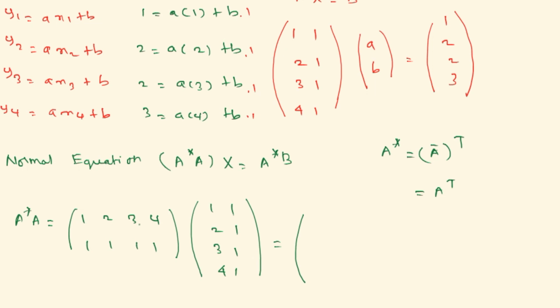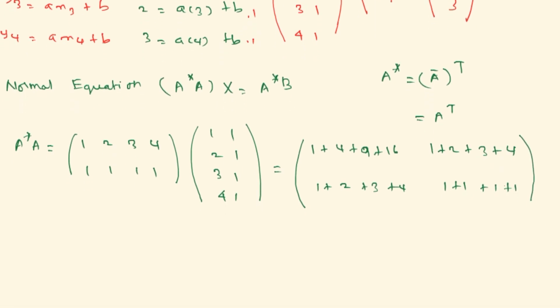Multiply this row and column: 1 into 1, 2 into 2, 3 into 3, 4 into 4, so 1 plus 4 plus 9 plus 16. Here all the multipliers are 1, so 1 plus 2 plus 3 plus 4, and all numbers are 1, so 1 plus 1 plus 1 plus 1.